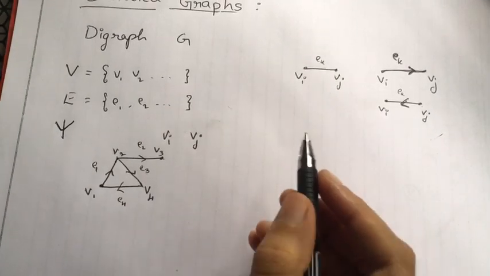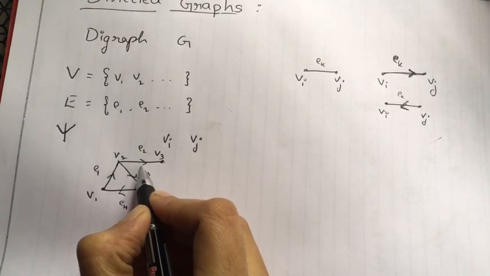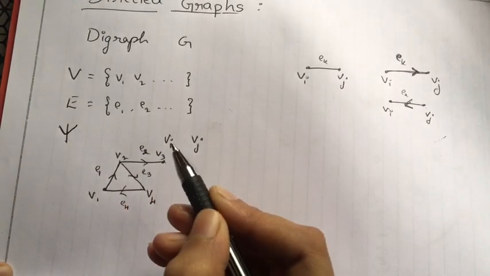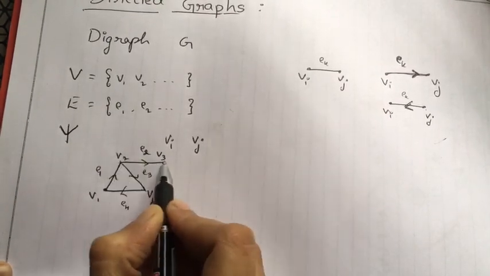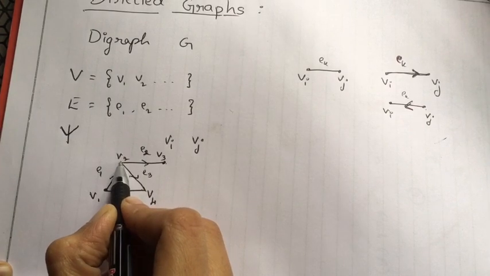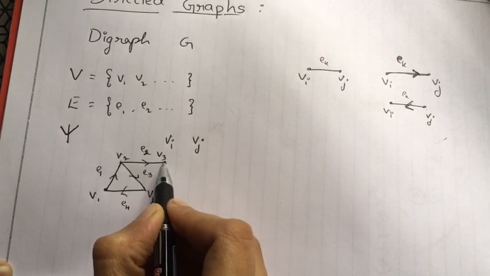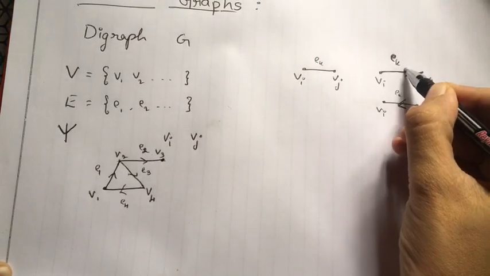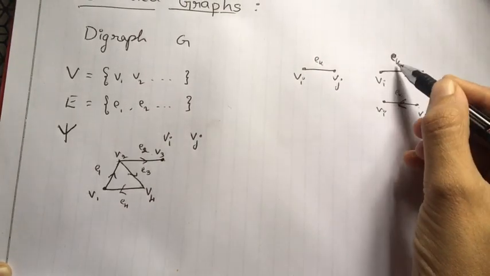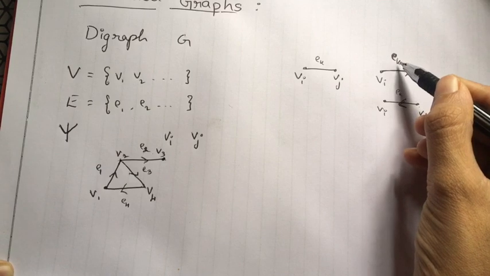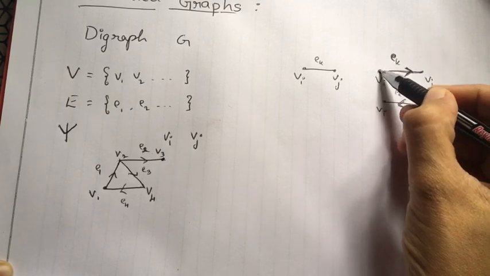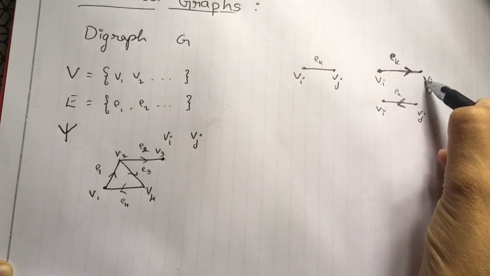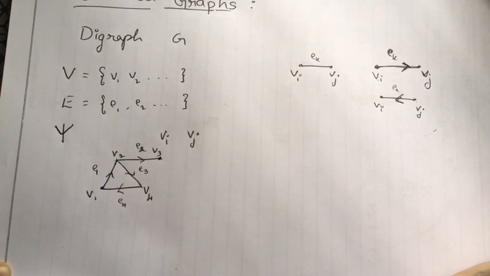If I consider edge E2, it is incident out of vertex V2 and it is incident into vertex V3. I repeat, an edge Ek is incident out of Vi and it is incident into vertex Vj.